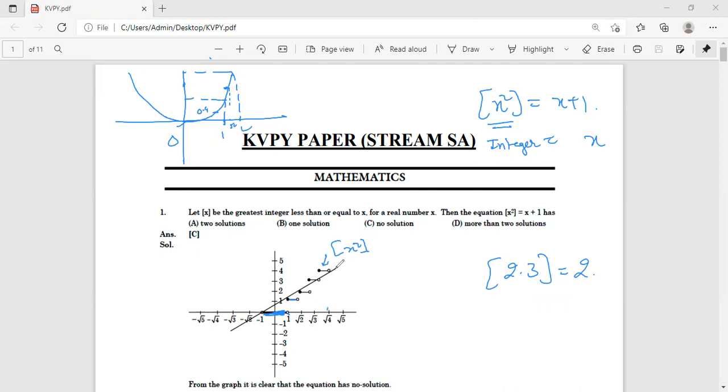At 1 and 2 it will not intersect. At 2, what is the value? This is not satisfying. And after that at 3, this graph will be very large and x + 1 will remain below it. So no solution will be there.